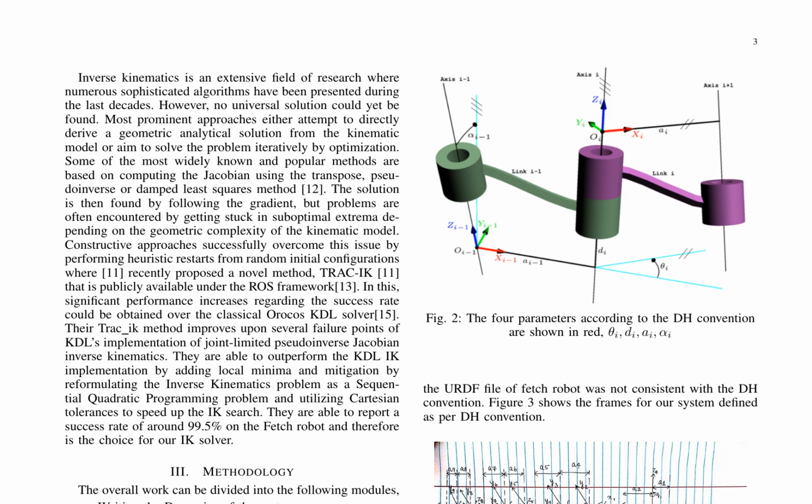Inverse kinematics, a well-established research field, continues to elude a universal solution. Prominent approaches include geometric analytical solutions and iterative optimization methods. Notable methods involve computing the Jacobian using the transpose, pseudo-inverse, or damped least squares method.